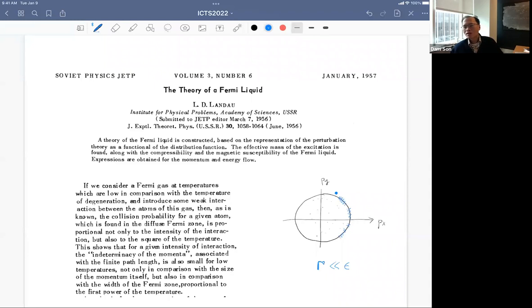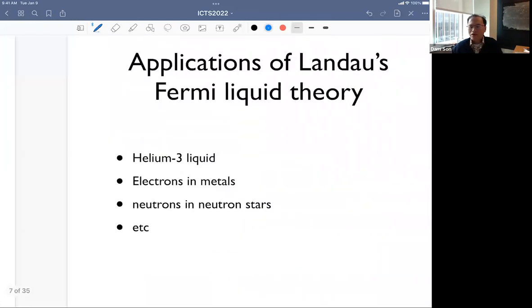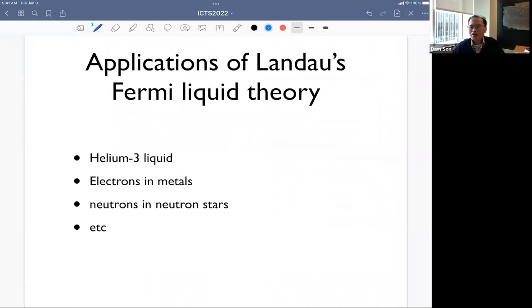That's why one can think about the very strongly interacting system of electrons, at low temperature, as almost a free gas of these quasi-particles. The Fermi liquid theory can be applied in many different cases. It has many different applications that range from helium-3 liquids and electrons in metals to neutrons in neutron stars, and other applications.